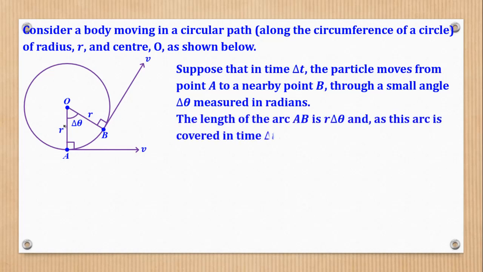So the length of the arc AB, from here to here, is given by the radius times the angle, which is r delta theta.